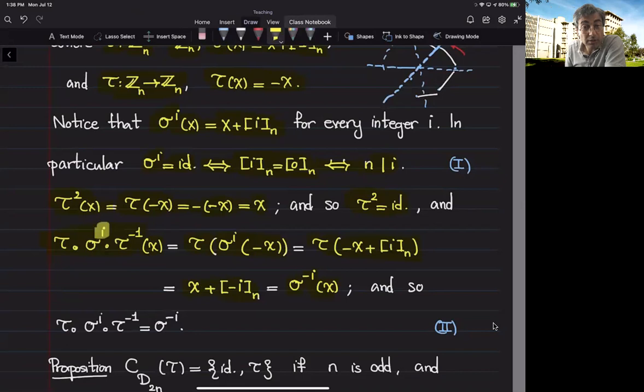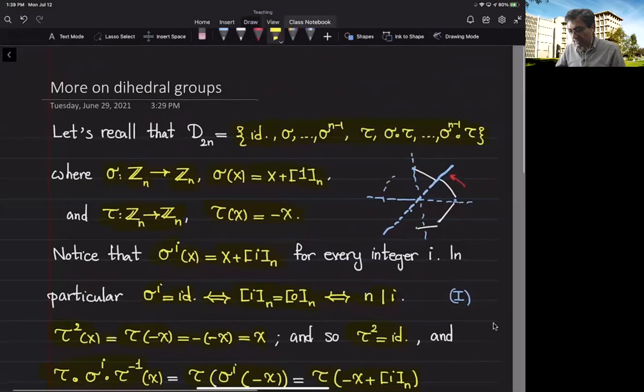This is quite special for dihedral groups. So we have this equality that tau composed with sigma to the i composed with tau inverse, or simply tau, is sigma to the power negative i. This is a special property of dihedral groups. Knowing this, you can write down the entire multiplication table for this group.